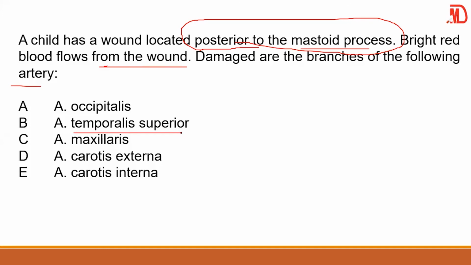So our next thing that makes sense will be the occipital artery, the artery around the back of your head, your occiput. That artery around that area supplies the posterior area of the mastoid process.